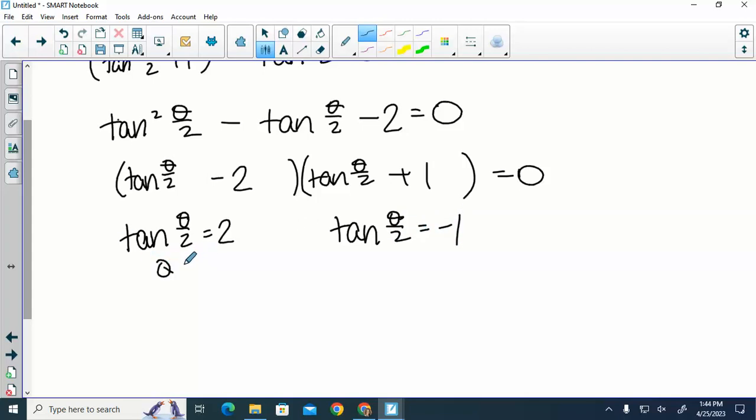Right. Tangent is positive in quadrants. Reference angle. Do we know when tangent is 2? No. So you use your calculator. Grab a calculator. Should be in degree mode.